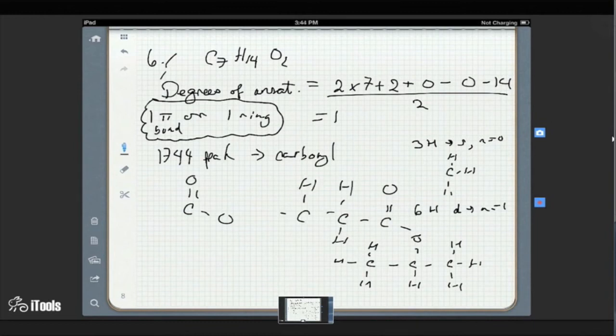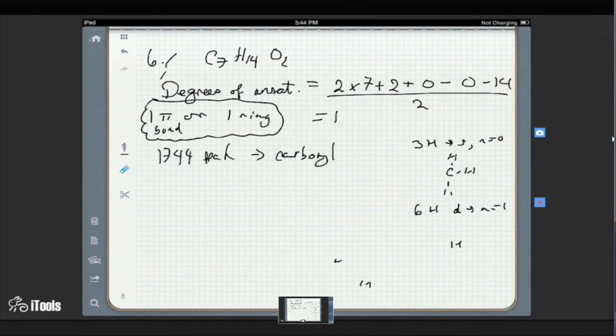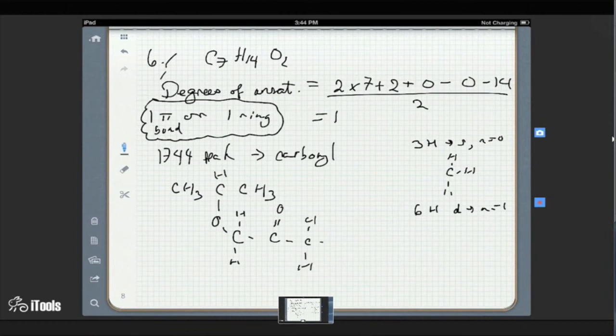Maybe that H instead of a methyl group right here, maybe that's an H. Yeah, that's probably what it is. 1, 2, 3, 4, 5, 6, 7.